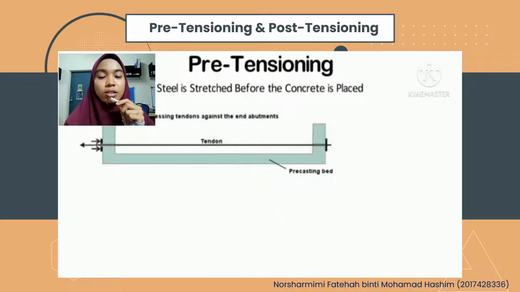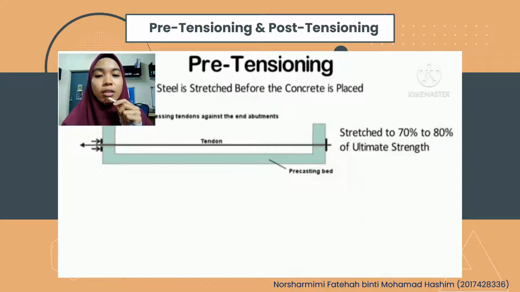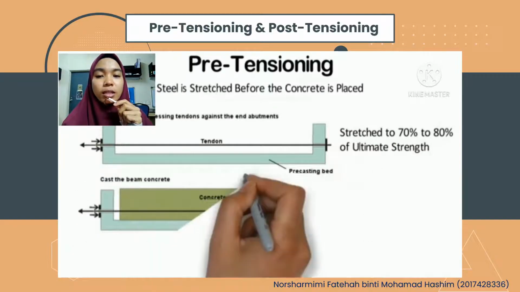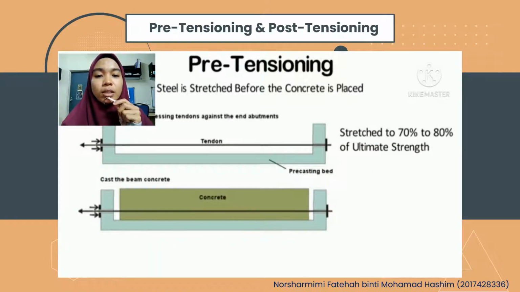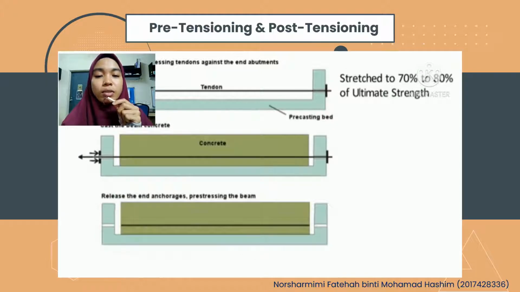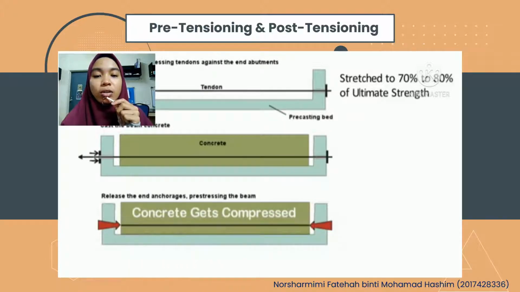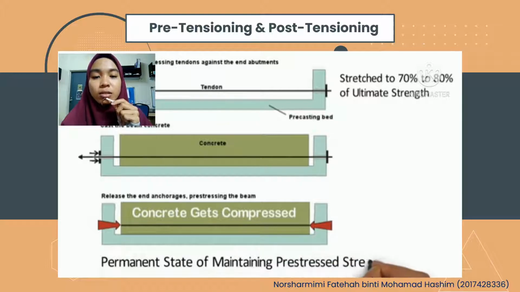It was tensioned about 70 to 80% and the concrete was poured around the tendon. After that, once the concrete was hardened, the tendon was released. When the high strength steel tends to contract, the concrete gets compressed. After that, the concrete will be in a permanent state of maintaining pre-stressed strength.